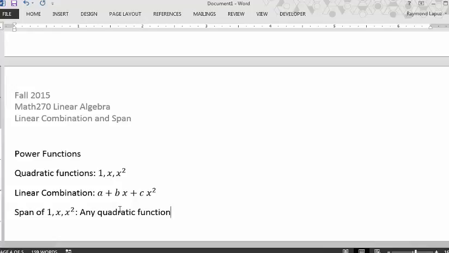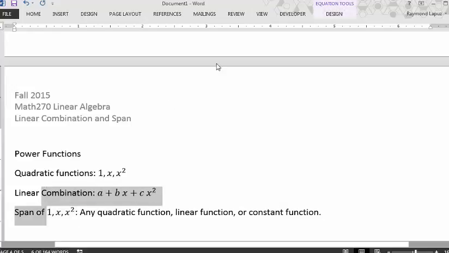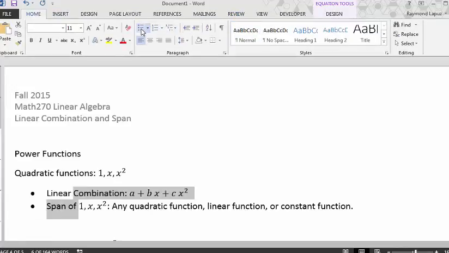So any quadratic function, linear, or constant function. Because we have to account for any of these things being equal to 0. So if c and b were both equal to 0, then it would just be a constant function. So that's about all we can say about these three functions.